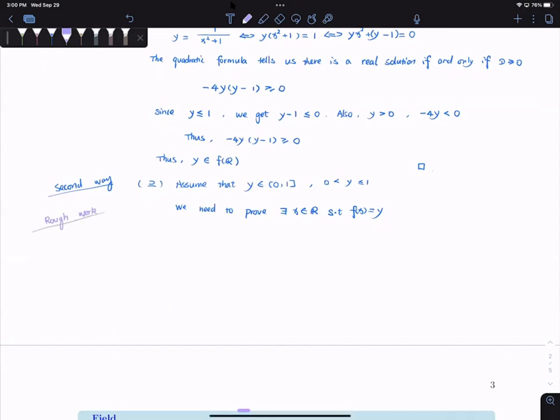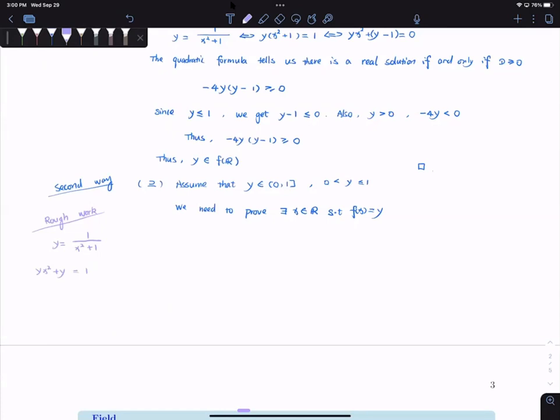Rough work. So now what I'm going to do is some rough work to find my x because I want to show x is a real number. The rough work is y equals 1 over x squared plus 1. So yx squared plus y equals 1.